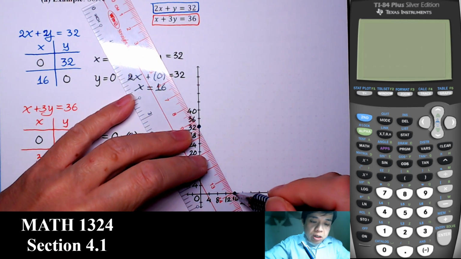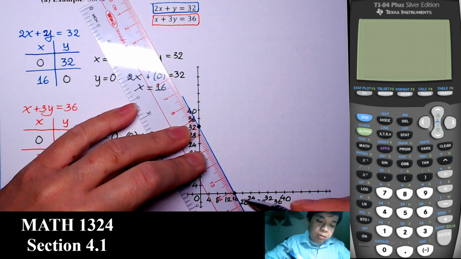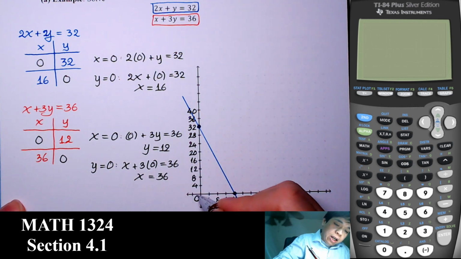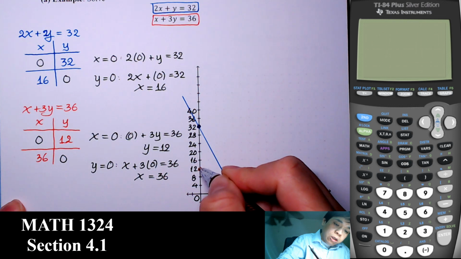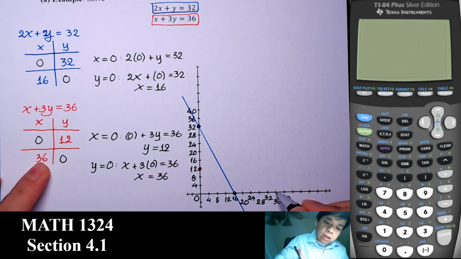So the graph is a line. So this is what we have. And then next we have x equal to 0, y equal to 12, and x equal to 36, y equal to 0.